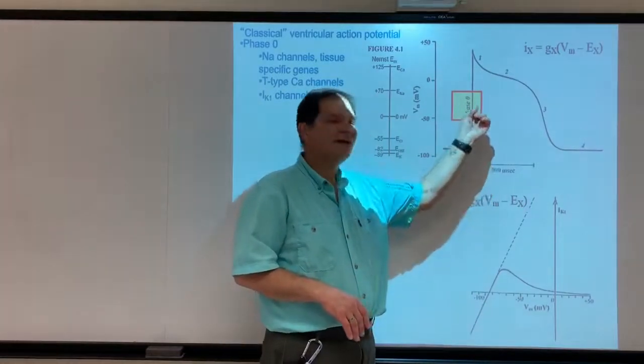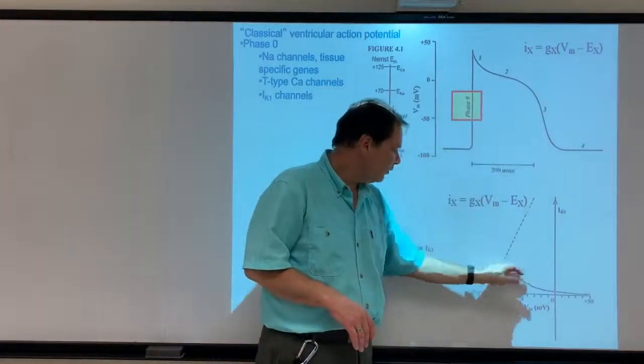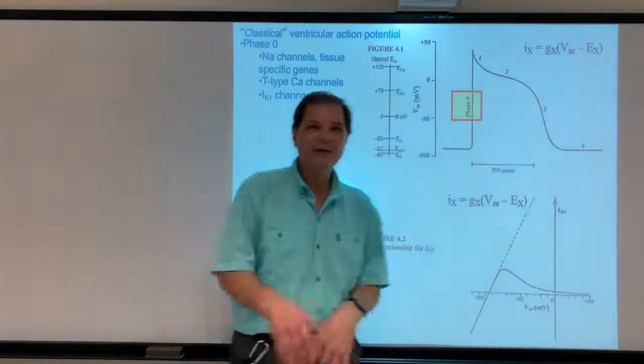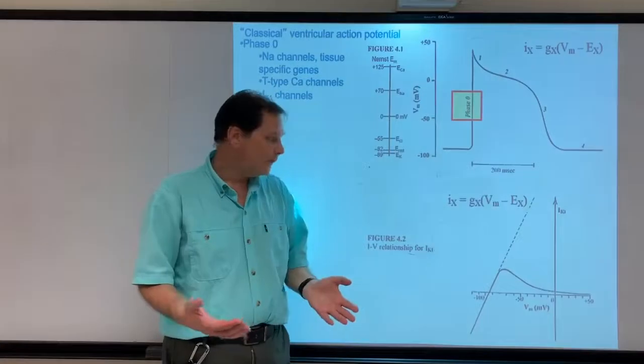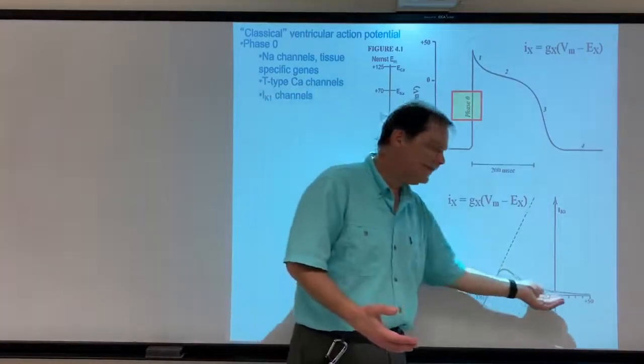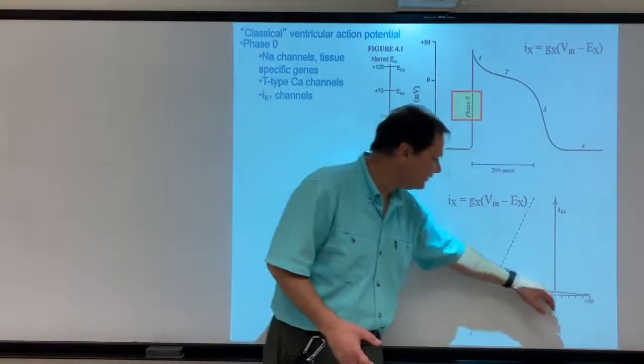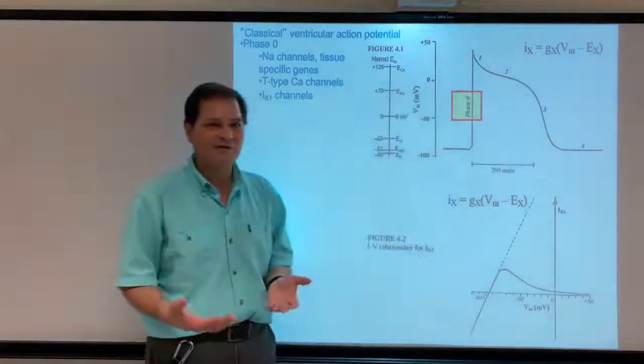Well, when the voltage increases, look what happens to this channel. The conductance through the channel goes down. The channel is always open, but the amount of potassium that is allowed to go through the open channel decreases. This is called rectification.